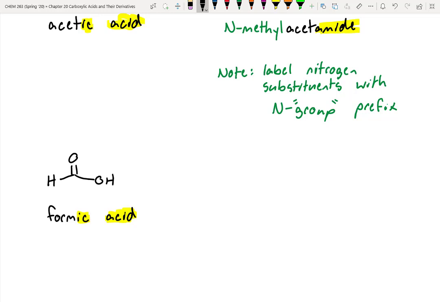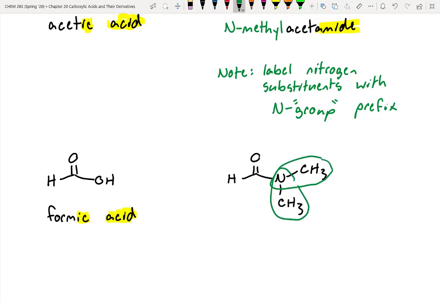All right, and let's compare this to an amide, where in this case, we're going to have 2 methyl groups coming off of it. Well, we need to label both of these methyl groups. So what we're going to do is N,N-dimethyl.